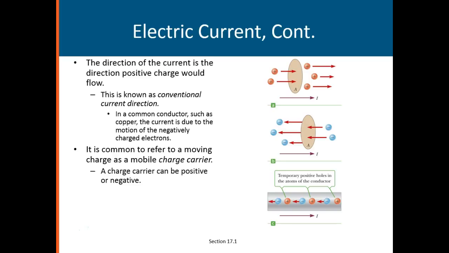Okay. Now, one other feature here, it is common to refer to a charge as a mobile charge carrier rather than the charge. The moving charge is a mobile charge carrier. The charge carrier could be positive or negative.